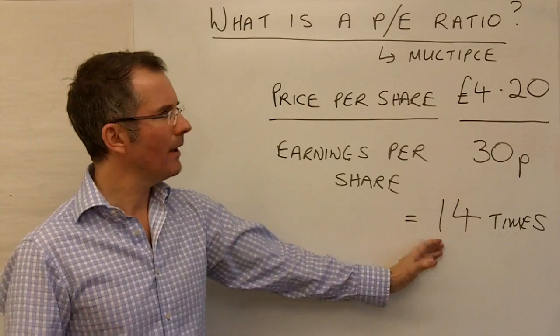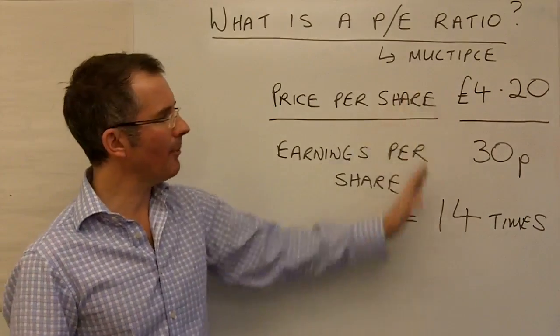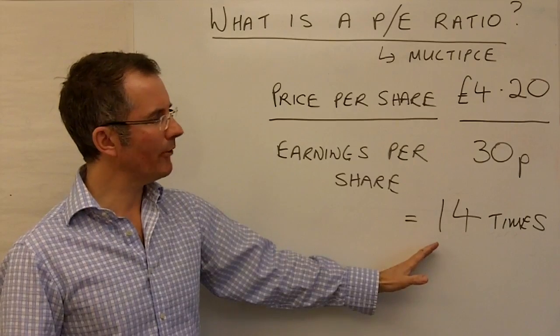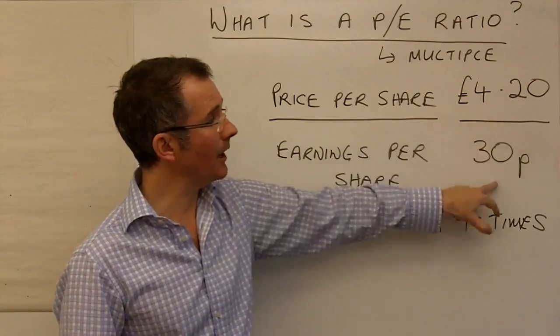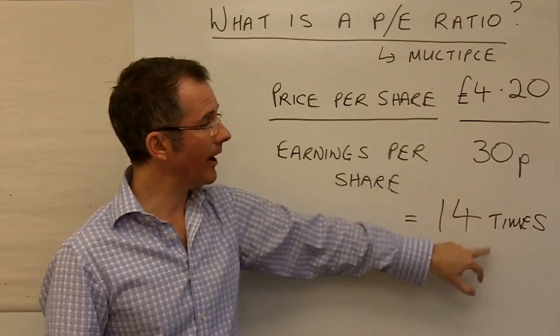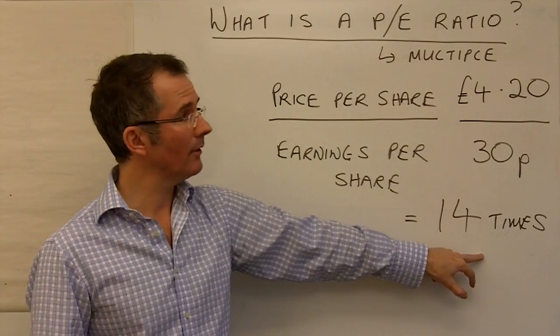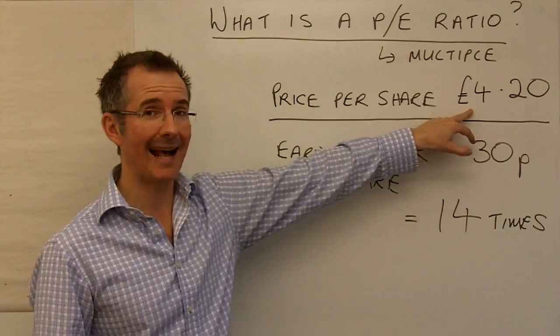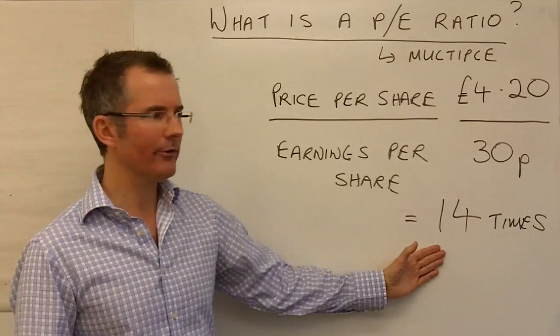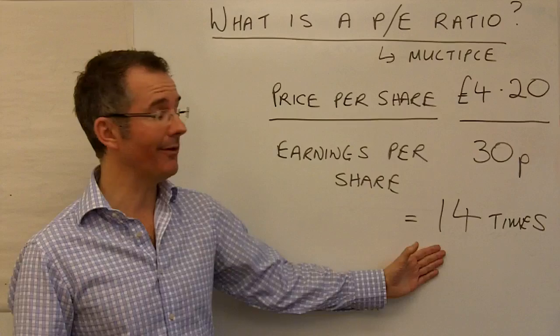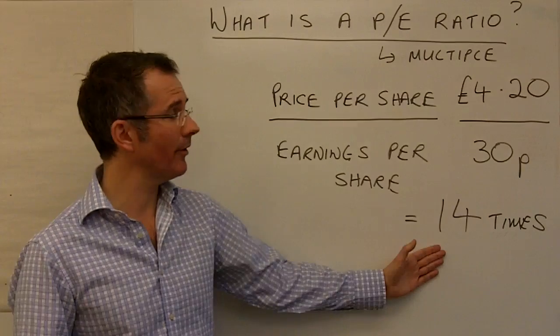Difficult question to answer. You could look at just Tesco by itself. You could say, well, what does this tell me? This tells me that if I buy at £4.20 and earnings don't change, it'll take 14 years just to get my £4.20 back, let alone make anything. Would I wait 14 years? Probably not. Most investors wait no more than 3 or 5.